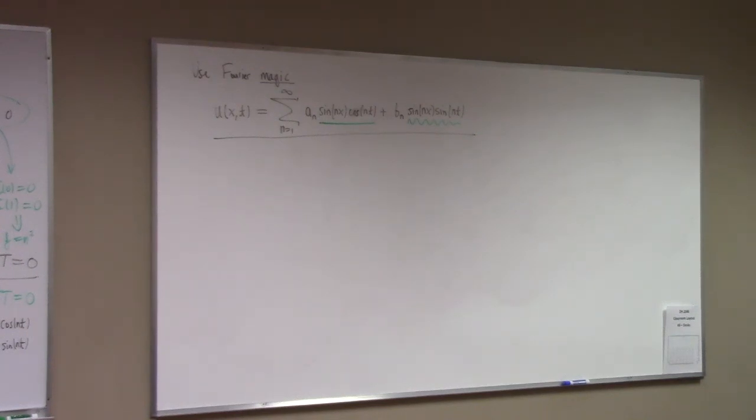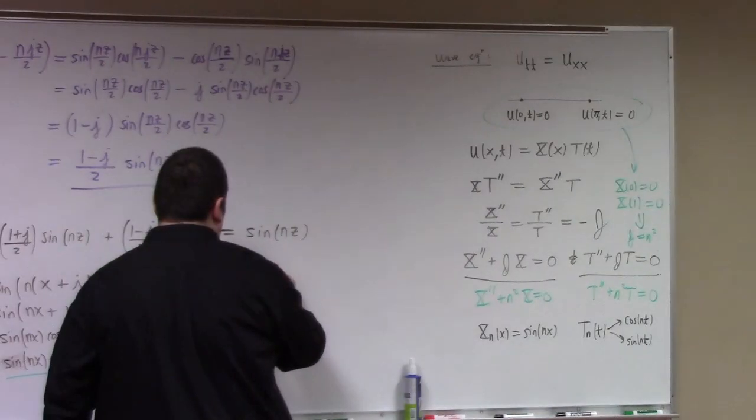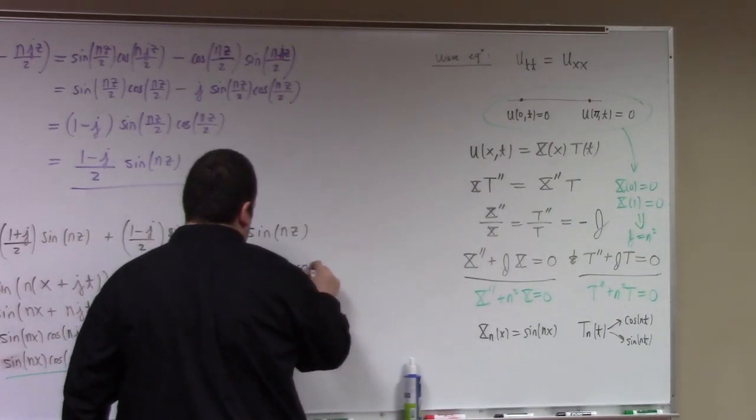King conjectures that if we use cosine nz, it's got what we need. Hey, let's try it out. G of z equal to cosine nz. What's that got in it?